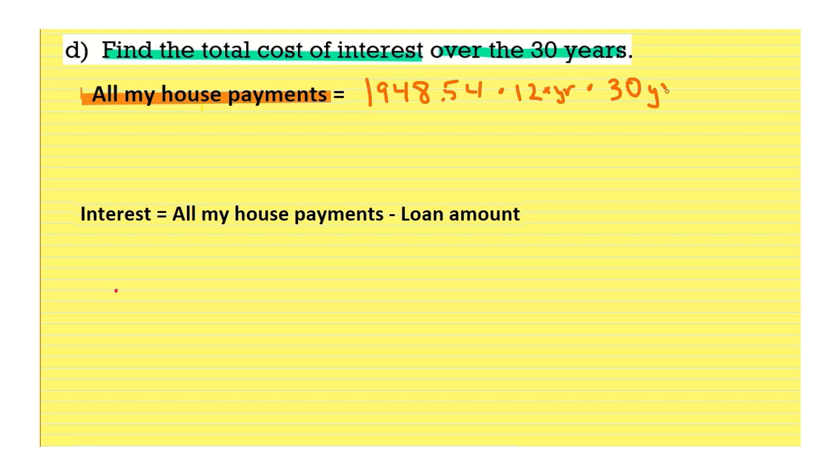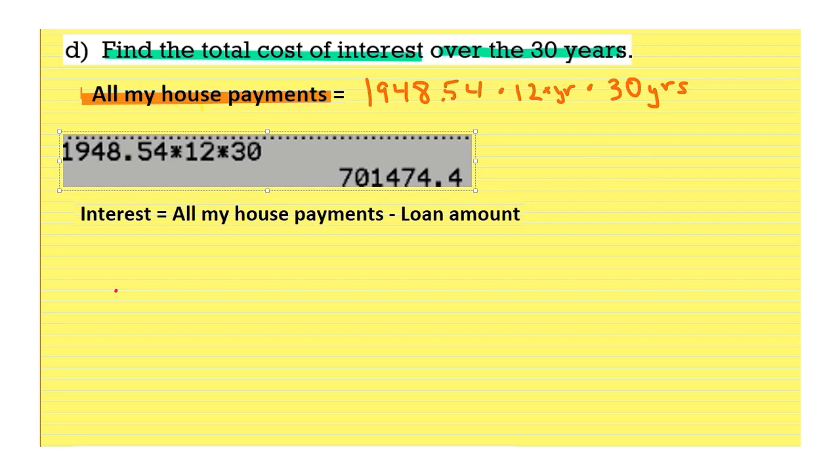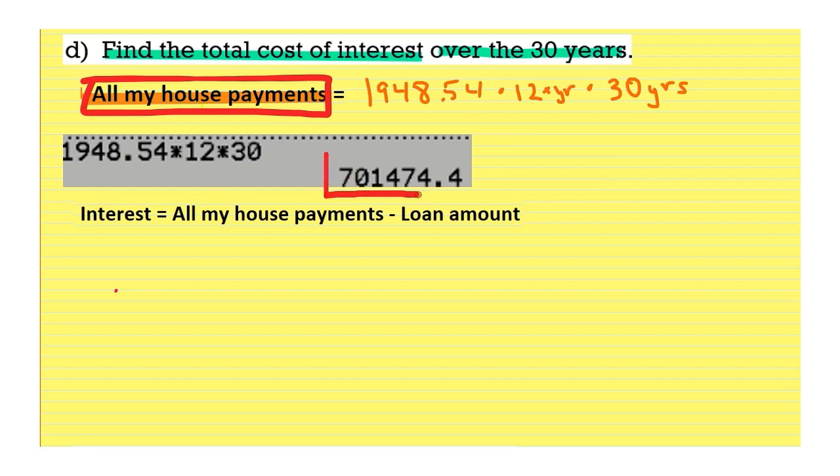So I'm going to multiply all those numbers together, and that will tell what the total of all of my house payments are over the course of 30 years. When I do that calculation, I get that all of my house payments are equal to $701,474.40.